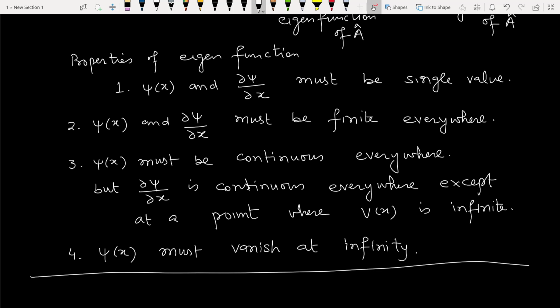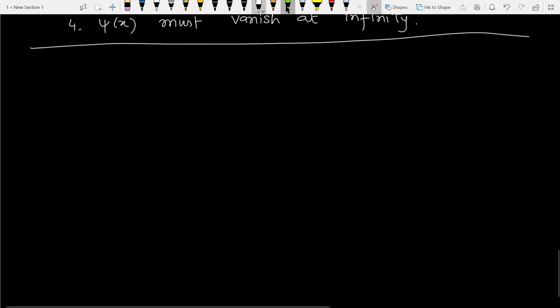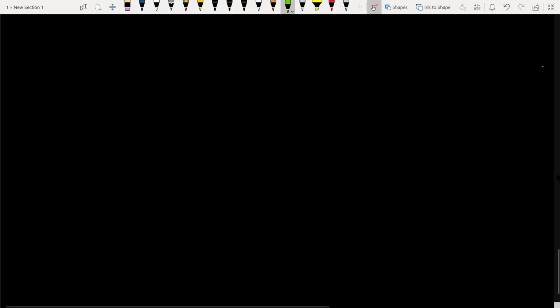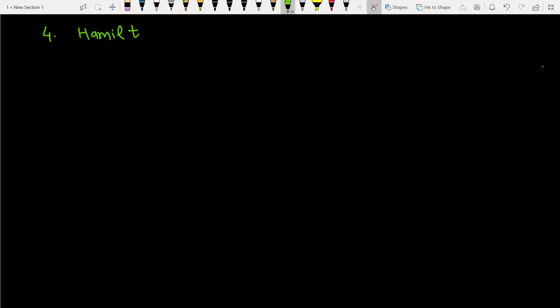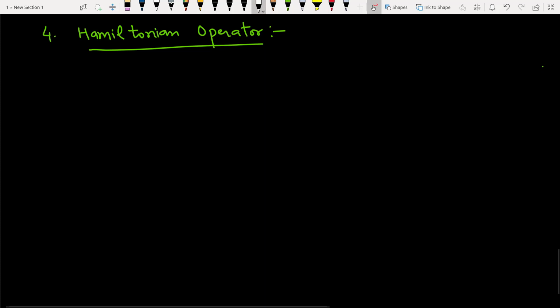The next important operator is the Hamiltonian operator. The fourth main point, Hamiltonian operator. This operator is very important for exams.